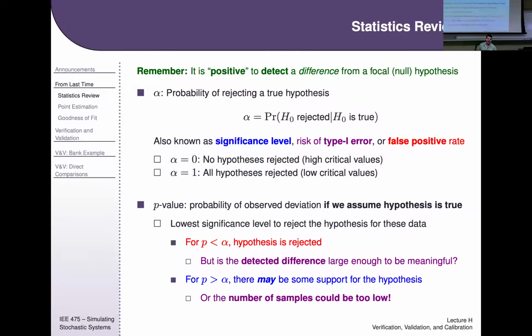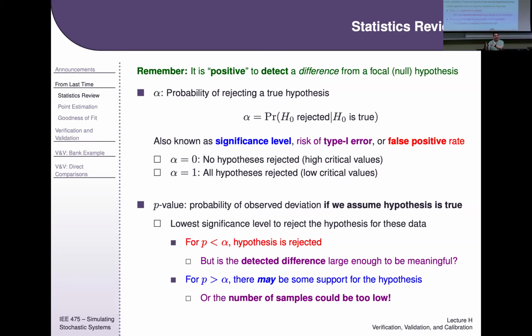That might mean you have your as-is system and your intervention system, and you want to see, did my intervention make a difference, positive or negative, on the performance there? Well, the null expectation is your intervention system is exactly the same as the as-is system. And detecting a difference is detecting that wait times are larger or smaller for your intervention system.